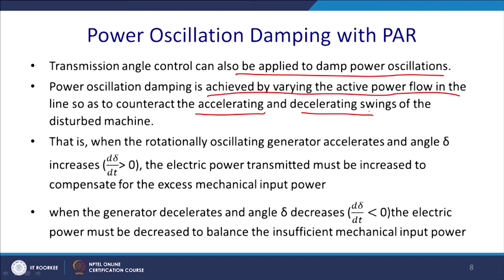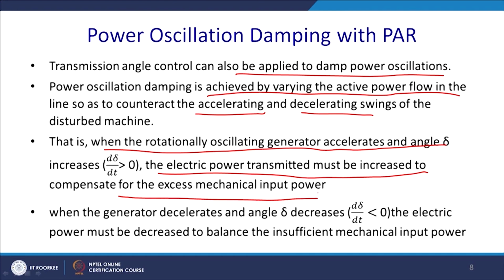That is what happens when the rotationally oscillating generator oscillates and angle delta increases, then del delta by del t should be greater than 0, that means you have an acceleration. The electric power transmitted must be increased to compensate the excess mechanical power.